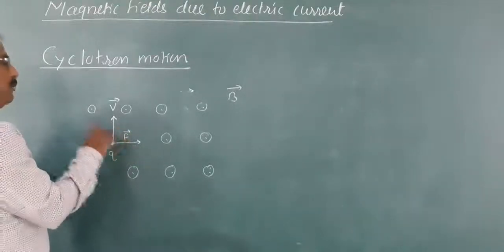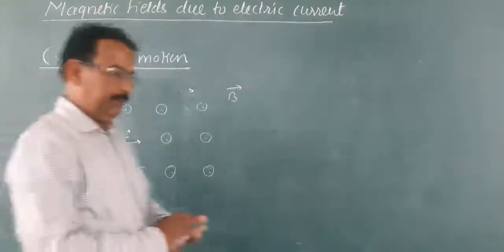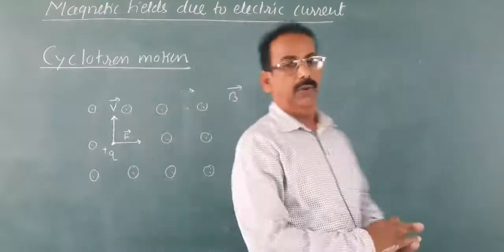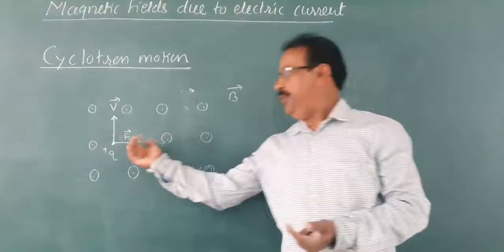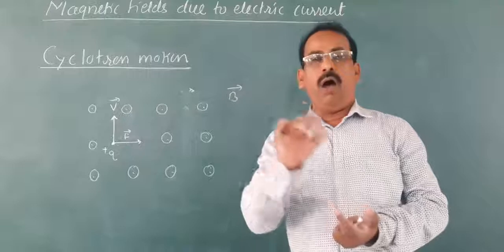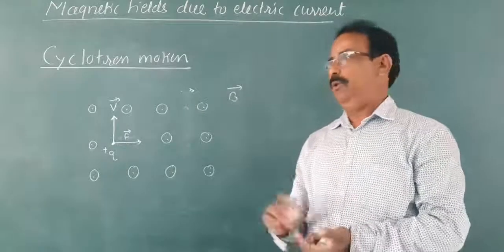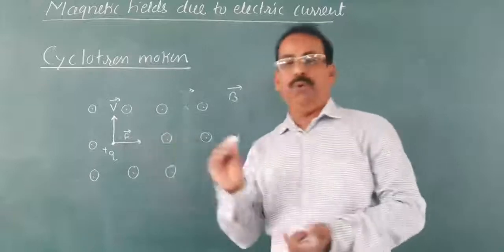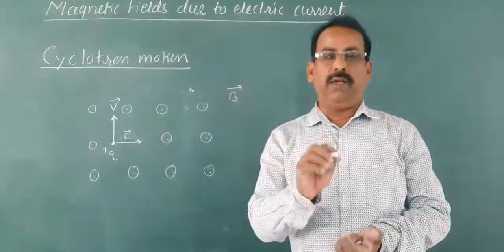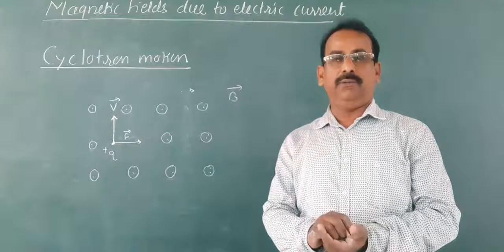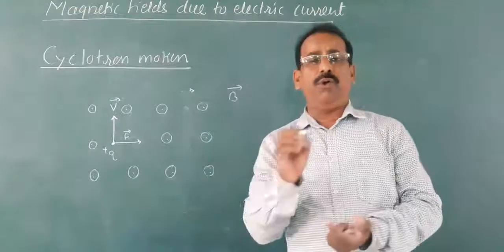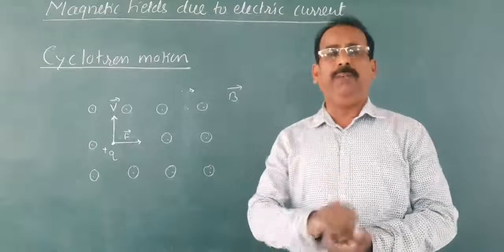The force is perpendicular to velocity. Its direction will come here along the radius of circular path. Direction of this force will come along the radius of circular path. Means this force acts as a centripetal force here.